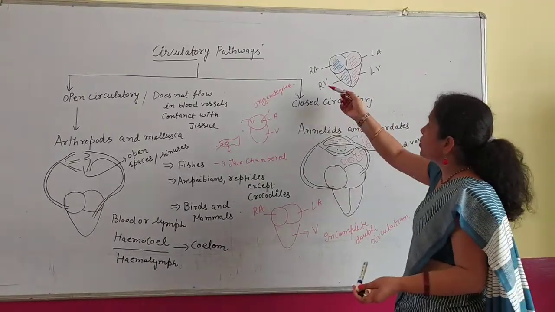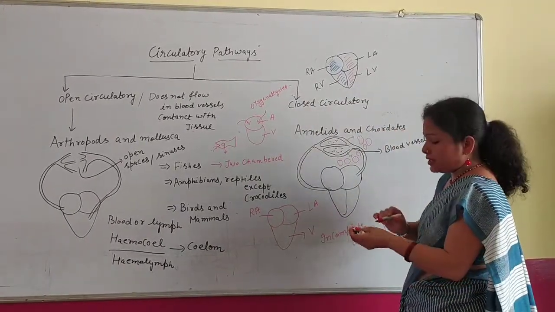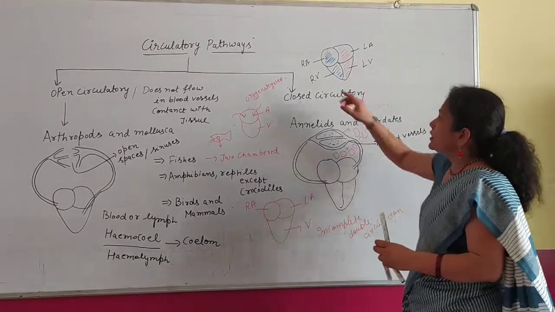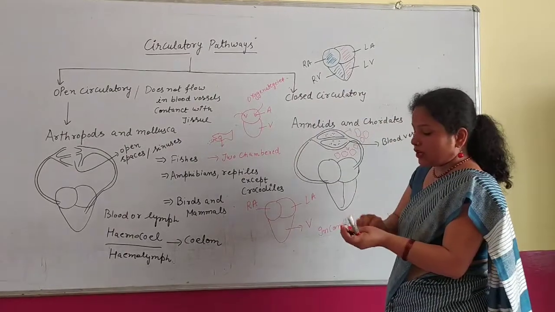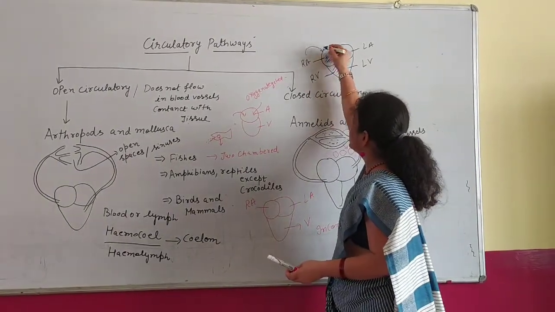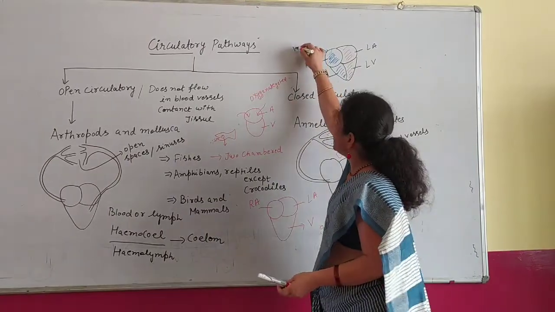So how do they get the oxygenated and deoxygenated blood? In our last video, I told you that the right auricle gets the blood from the vena cava.